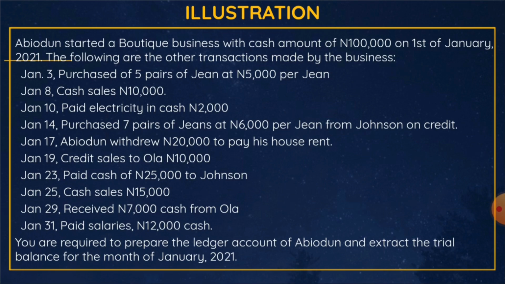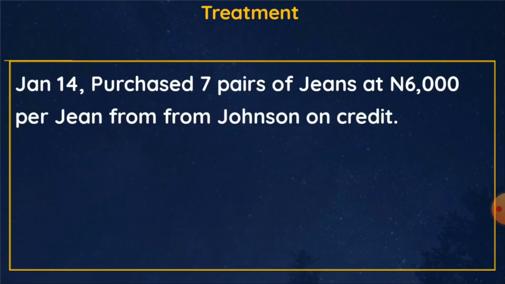Now the next transaction, on January 14th: purchased 7 pairs of jeans at 6,000 naira per jeans from Johnson on credit. If we look at this one, the business is not paying money. They are purchasing on credit, which means they are owing. That means we are going to have a creditor's account.